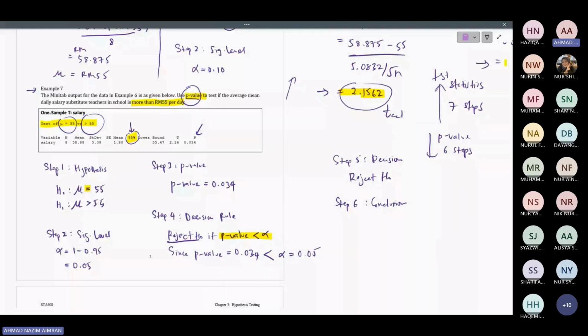And for the conclusion, if we reject H null, we conclude it as sufficient or insufficient. Sufficient evidence to conclude that, take back what the question asks.